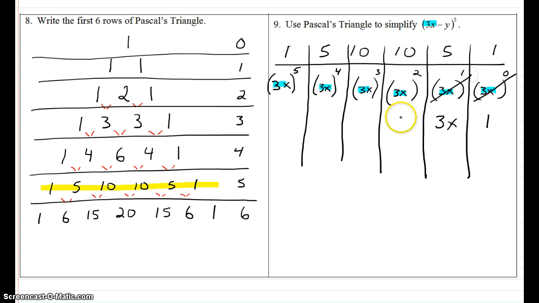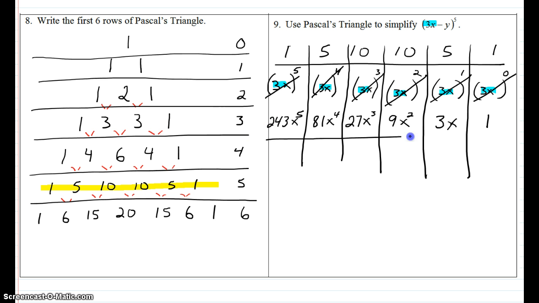So we've simplified that. 3x squared gives us 9x squared. 3x cubed gives us 27x cubed. 3x to the 4th is going to give us 81x to the 4th. And 3x to the 5th is going to give us 243x to the 5th. So now we simplified everything we need to with the x's.